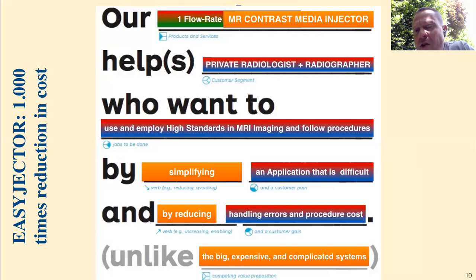You can come up with a description of what your idea can provide to a customer, and you can very quickly check whether that's something a customer will be interested in. So in this case, you could read the sentence: our one-flow MRI contrast media injector helps private radiologists and radiographers who want to use and employ high standards in MRI imaging follow-up procedures by simplifying an application that is difficult and by reducing handling errors and procedure cost.